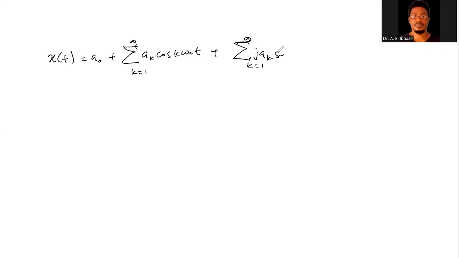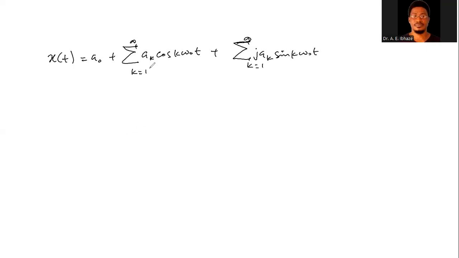The Fourier series, which we usually refer to as the trigonometric Fourier series, is the same as A naught plus sigma k, taking on values from 1 to infinity, A sub k cos k omega naught t, plus sigma k, taking on values from 1 to infinity, j a sub k sine k omega naught t.